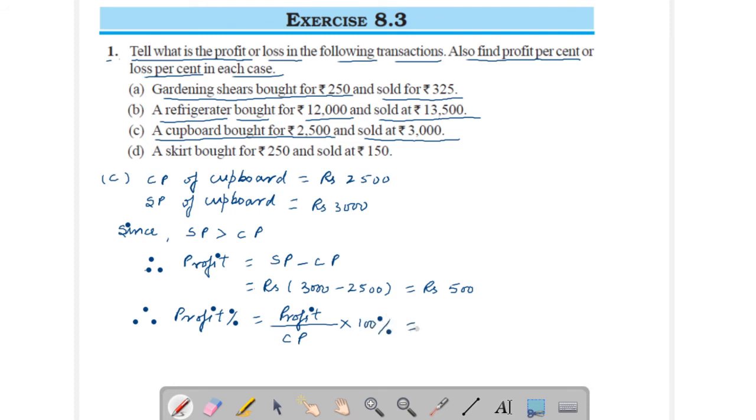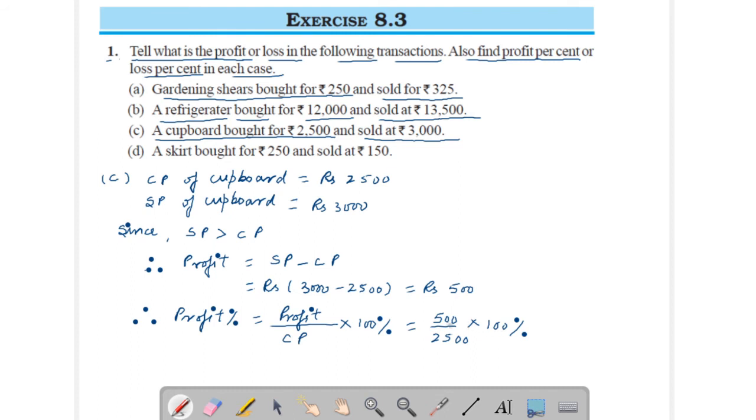Put the values. Profit is 500 upon cost price, it is 2500, into 100%, and solve this.